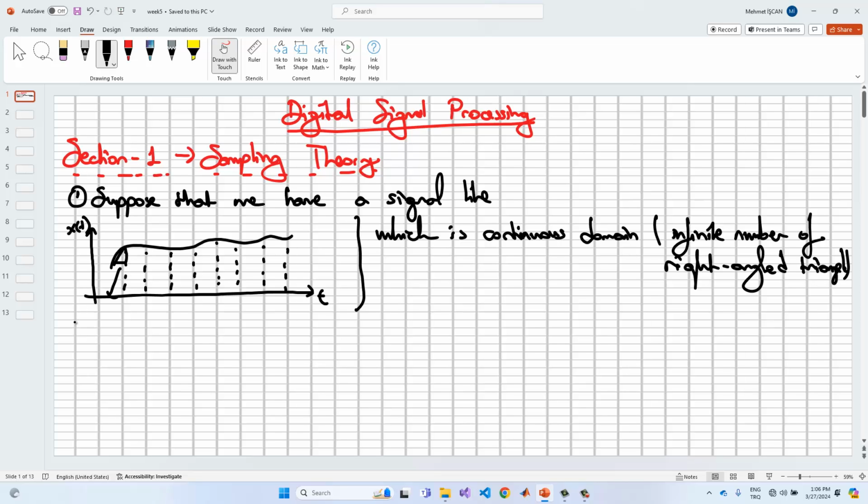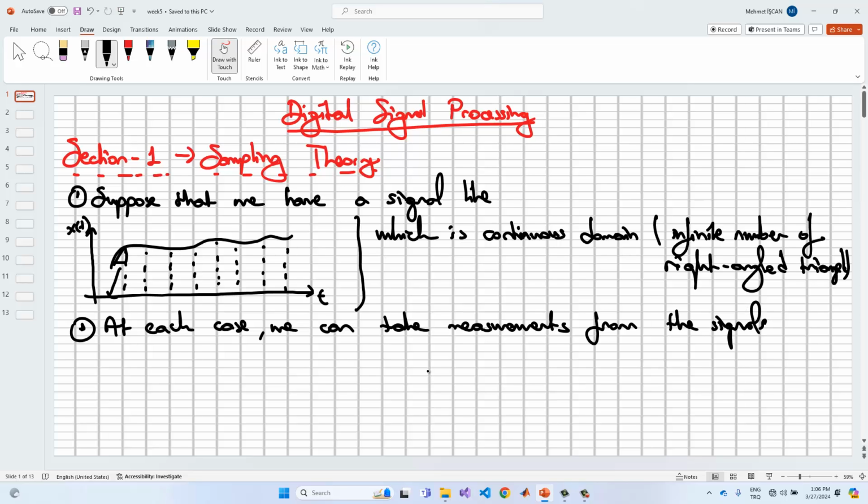And so we can take a measurement from this case. In the mathematical meaning, at each case we can take a measurement from the signal based on the basic theory. Just like this one, we have x and we have the parentheses in here. Ts is the sampling period, okay?